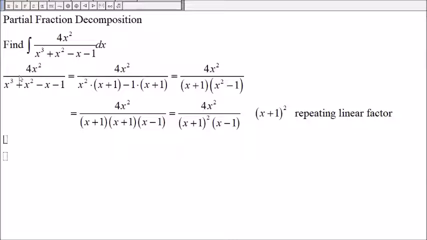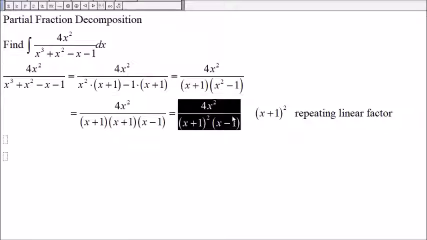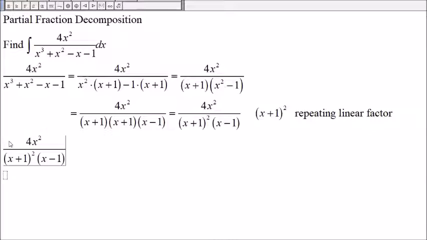And so to decompose this, for the repeating linear factor, we have to have x plus 1 and then plus x plus 1 squared, and then plus 1 over x minus 1.